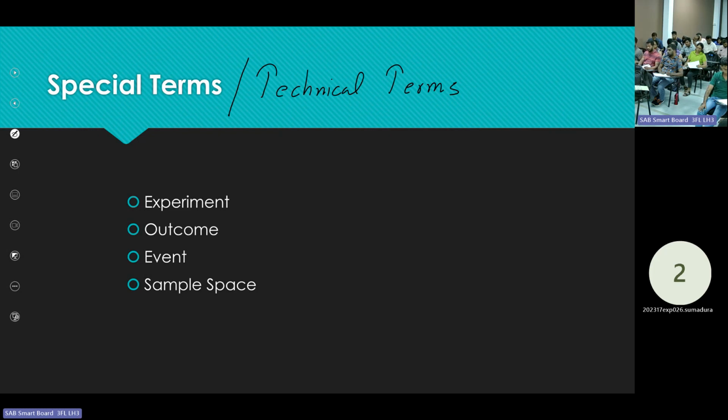One by one, we discuss the first one: experiment. We'll try to understand first, and after that, we'll write down in short. Experiment means something like this. Something you do, the result is not known in advance.